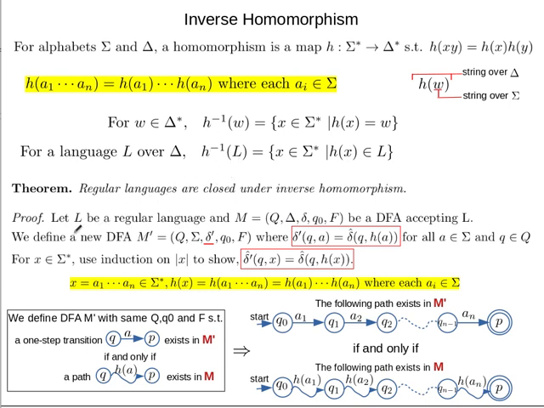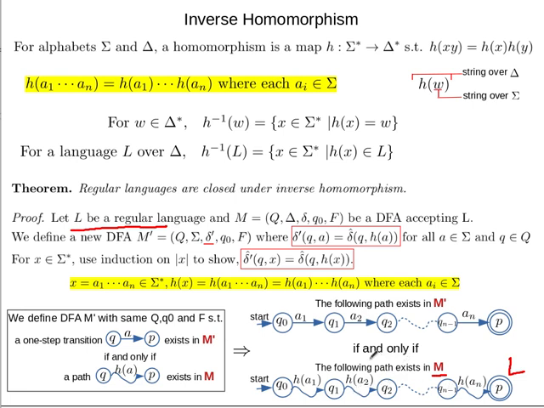So the first thing to do is to take some DFA for this regular language L. So you take some DFA M which accepts this language L, and you consider some accepting path in this M.